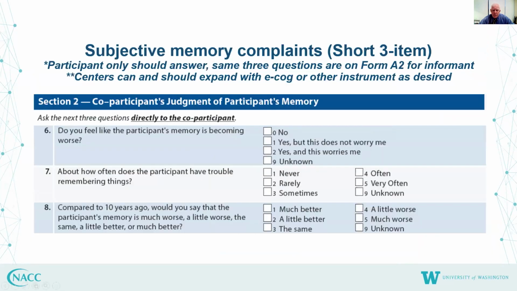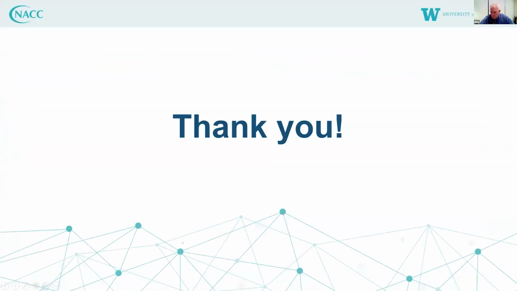And then the subjective memory complaint questions, again the same 3 questions, just with the tense changed to indicate that we're talking about the participant's memory, not the study partner's memory. So we'll get a real good view of what the participant thinks of their own memory and what the co-participant or study partner believes they're seeing as well.